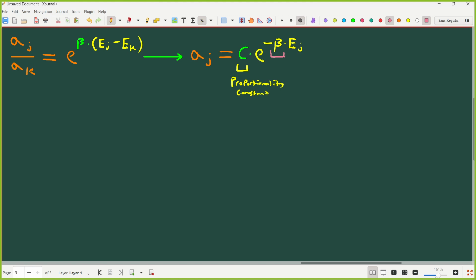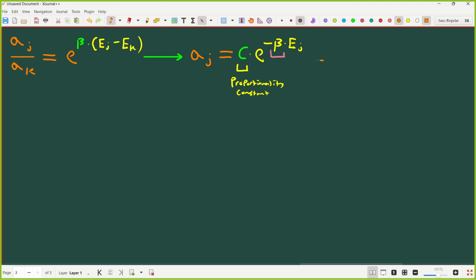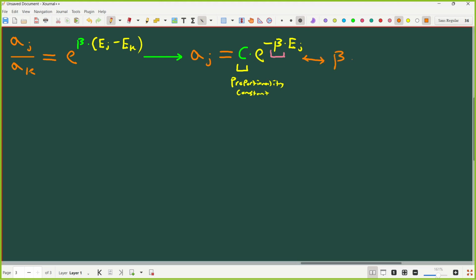Not only that, you can't take an exponent to a unit. So this entire product here needs to be unitless. All right, so beta has to have units of inverse energy. In order for this to be valid, the only thing that is allowed is that beta has units.